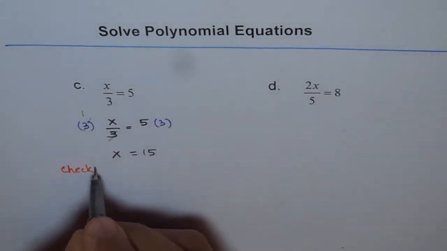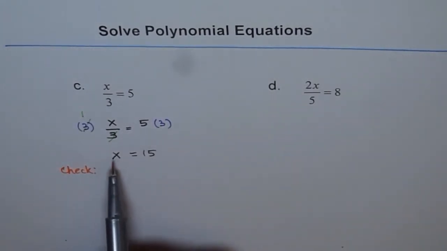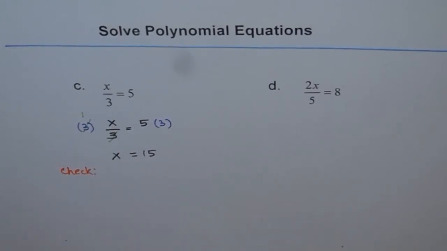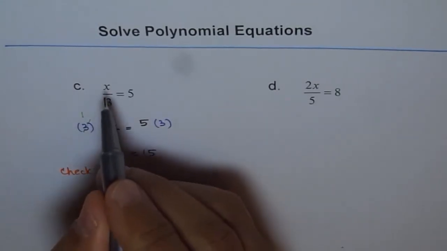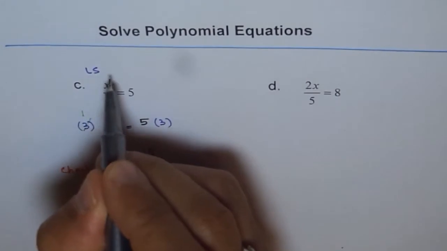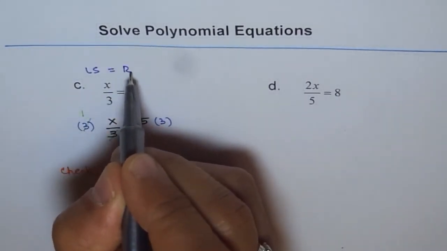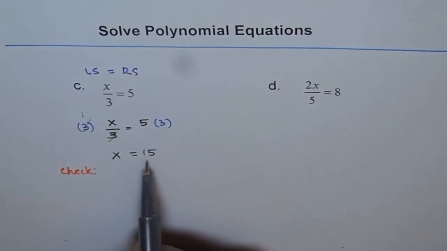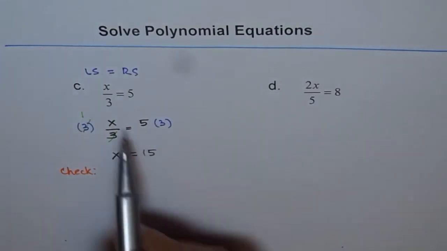Now let's check. To check it, what should we do? We will plug in or substitute the value of x in the equation and see, do we satisfy the left side and the right side of the equation? You remember, this is my left side of the equation, right? Equal sign, and that is the right side. So let me check by placing 15 for x.